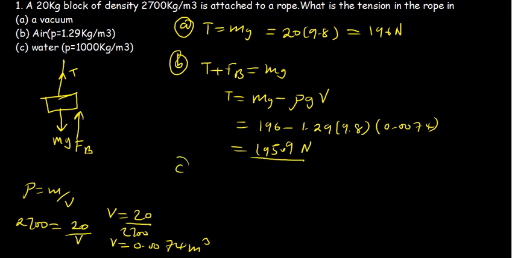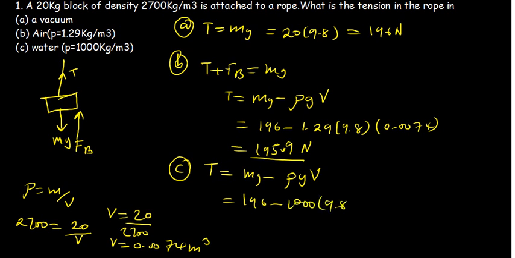So we see, because air has a very small density. So to find the tension in water, tension is going to be mg minus density times gravity times volume. Mass times gravity is still 196. The density has changed. In here it is 1000, g is the same, and the volume of the object is the same, 0.0074. In this case we are taking the object as fully immersed.